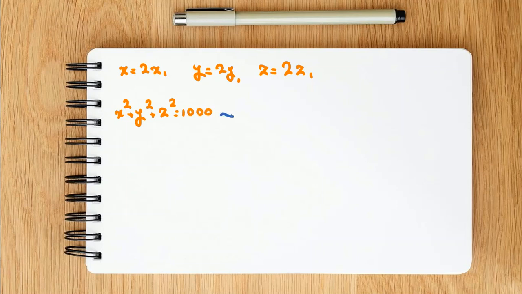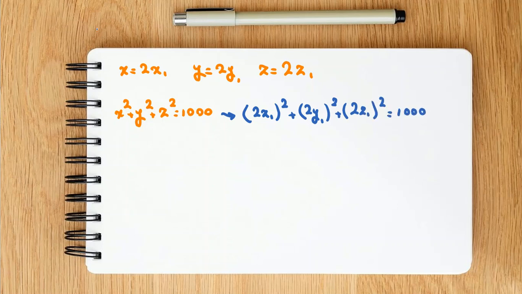Okay, so let's consider. We can say x is even, for example, 2x1. y is even, 2y1. z is even, 2z1. So x squared plus y squared plus z squared we know equal to 1000. Then we can conclude x is 2x1, y is 2y1, z is 2z1, squared, equal to 1000.